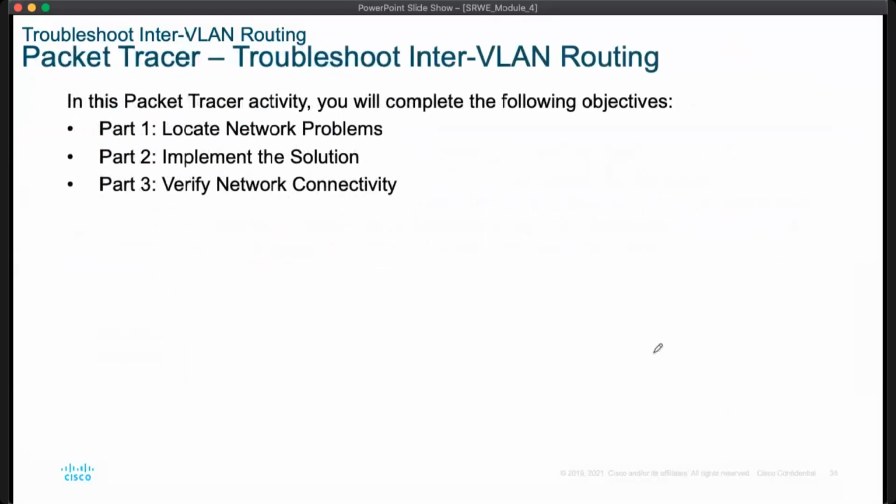So we have another Packet Tracer exercise for troubleshooting. In this Packet Tracer activity, you will complete the following objectives: first, locate the new network problem, identify it, implement a solution, and verify.